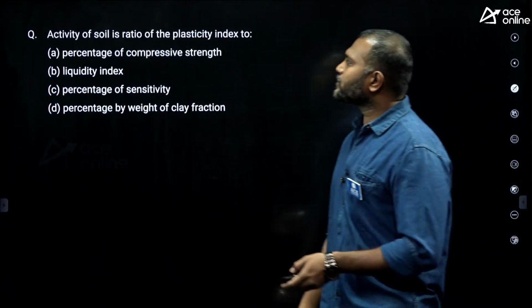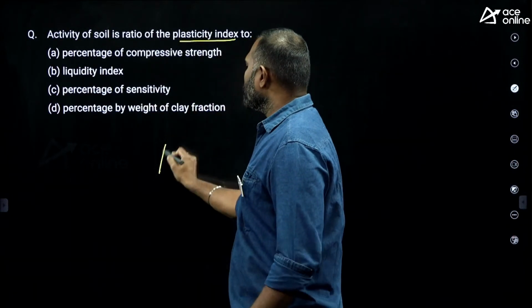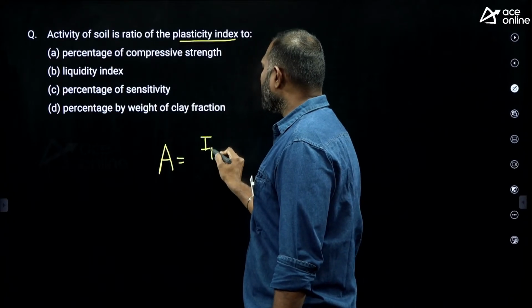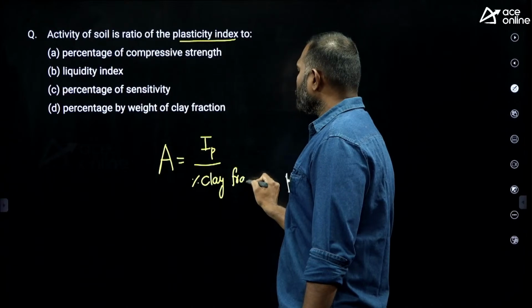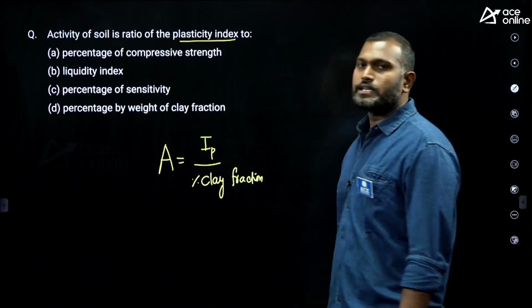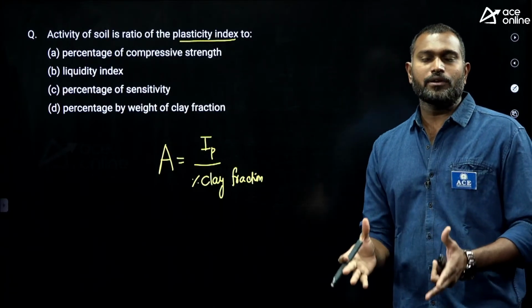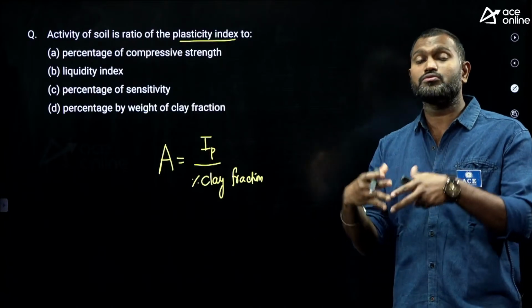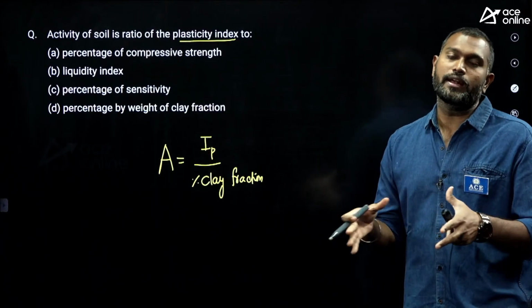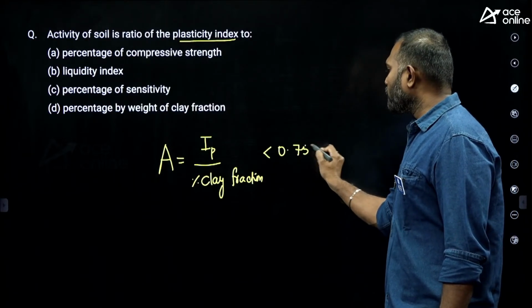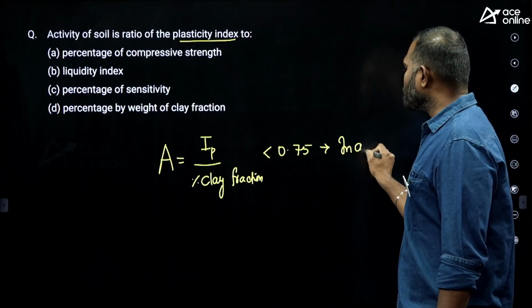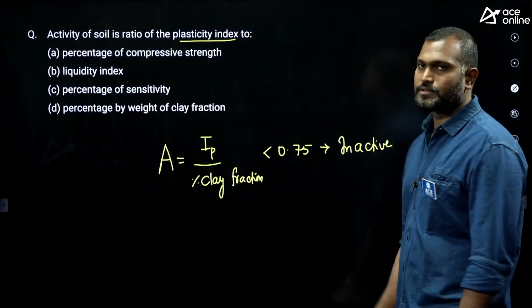Next, activity of a soil is a ratio of plasticity index to what? The activity of a soil is IP divided by percentage clay fraction. So this represents how active the soil is. How active means how much swelling and how much shrinkage the soil can undergo. If this activity is less than 0.75, we can say it is inactive, which means very little swelling and shrinkage.